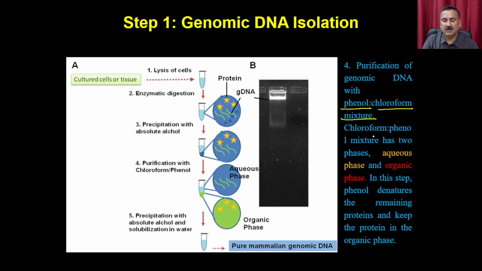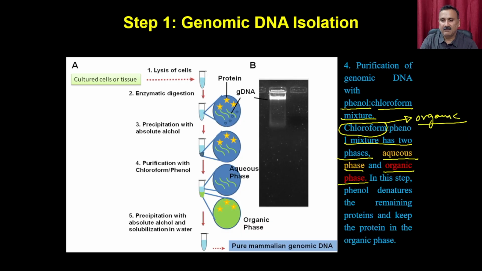When you mix the phenol chloroform, the mixture has two phases: the aqueous phase and the organic phase. Here you have the chloroform phase, which is part of the organic phase. And you know that when we do a fractionation with solvents, the molecules will go to their respective phase. For example, if it is an organic material, it prefers the organic phase, and if it is a polar molecule, it will go to the polar environment.